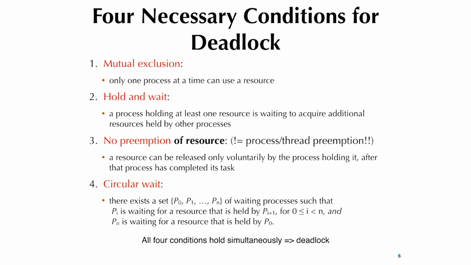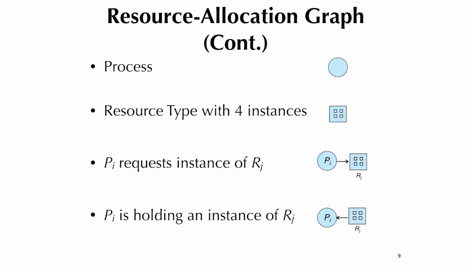The book convention is that processes are circles and resources are squares, and if a resource has multiple instances, you have little squares inside a big square. The request edge goes from process to resource, and if the process is holding the resource, that's an assignment edge going from resource to process.